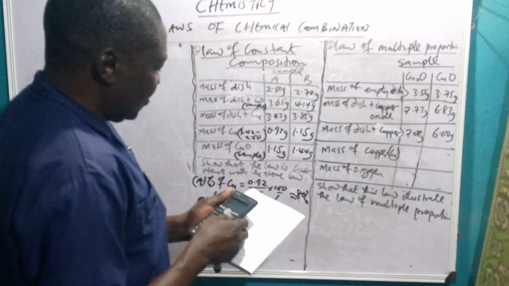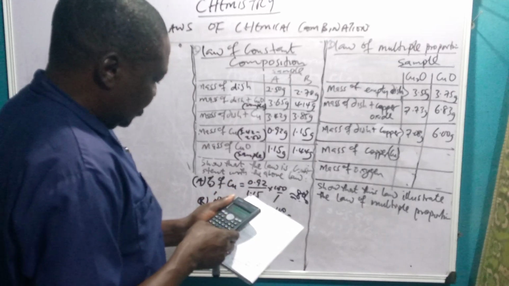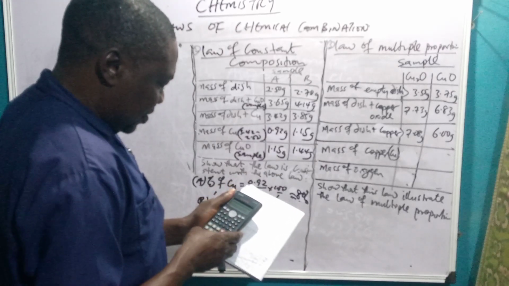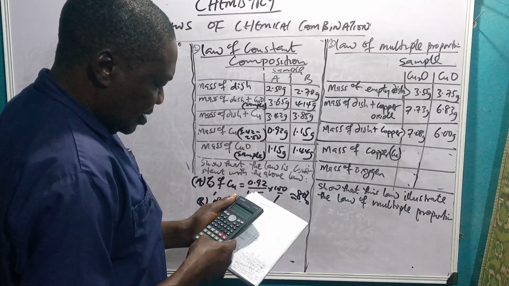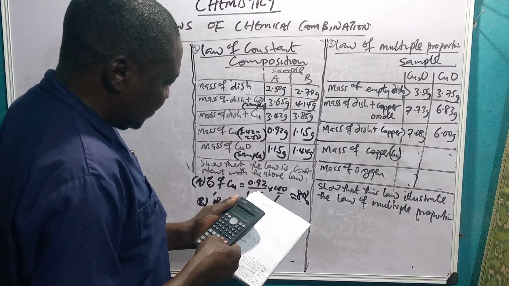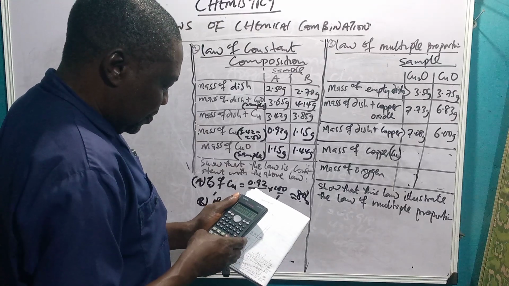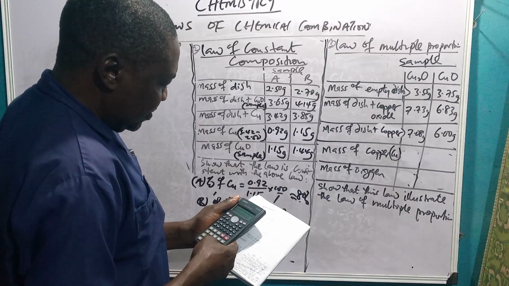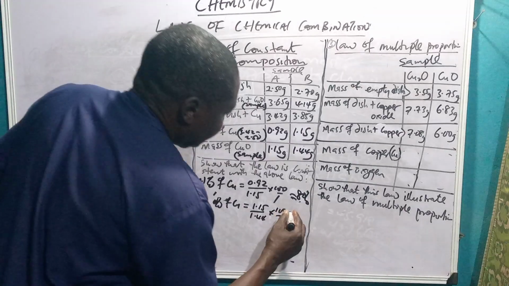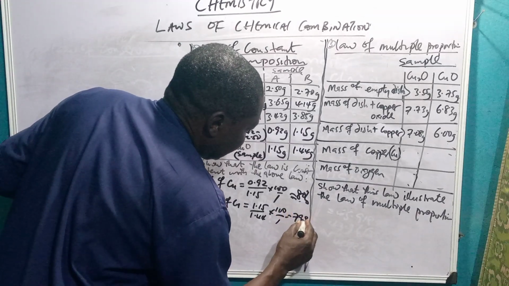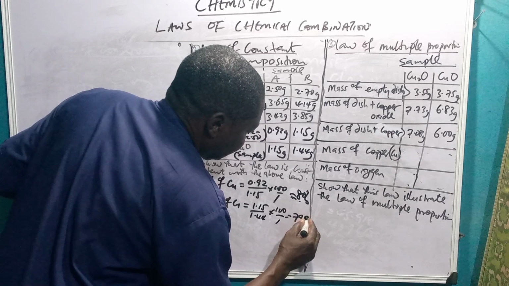For the second one, 1.15 times 100 gives you 115, divided by 1.44 gives you 79.86, let's say 79.9.